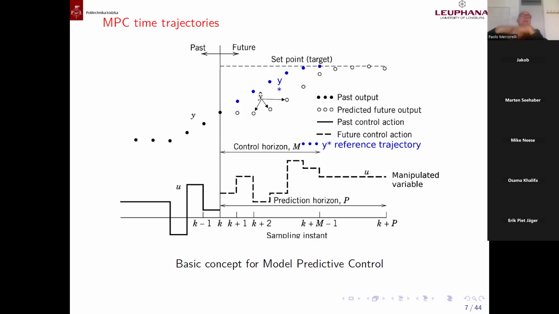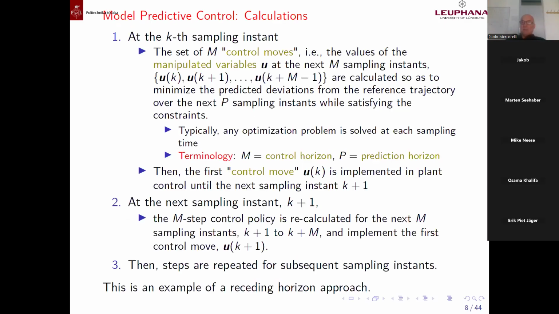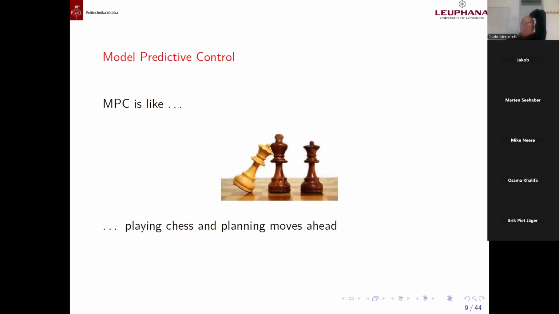But of course, each time we update with this receding horizon what we have at disposition, and then we adapt our control strategy to minimize the cost function of the error until the goal. The goal is this set point target, this dashed target. We will come back to this; at this moment, this page is just to start softly.